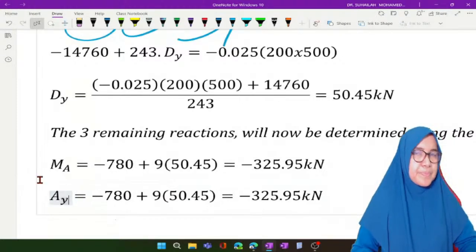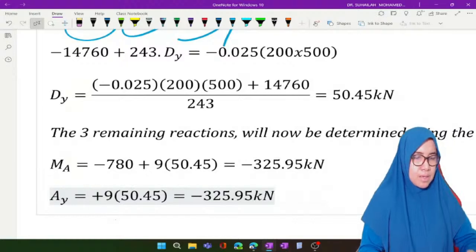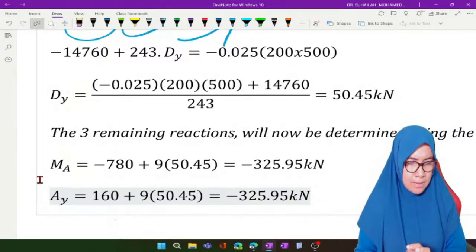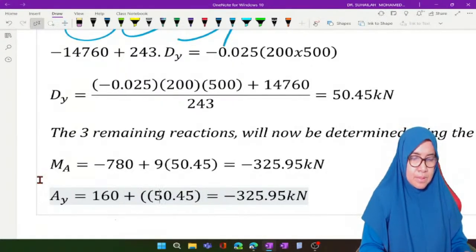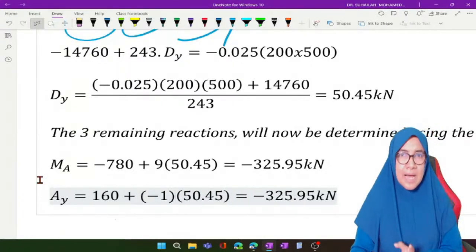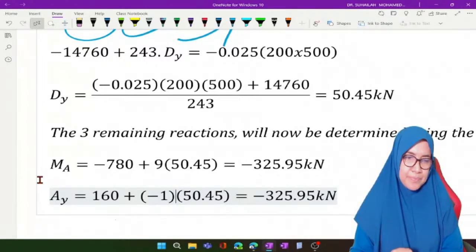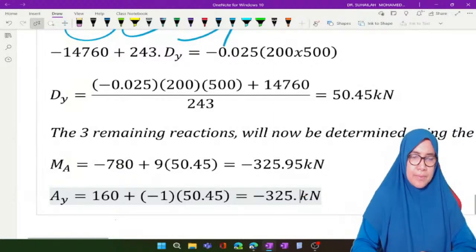AY in the primary system is 160, right? And negative 1 times 50.45. Okay, so we will get AY.